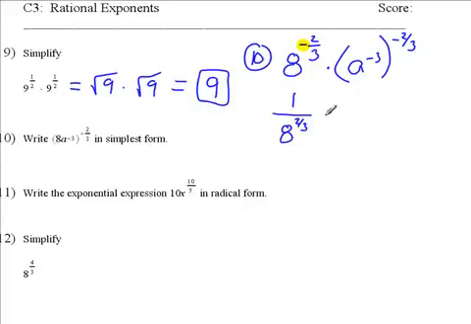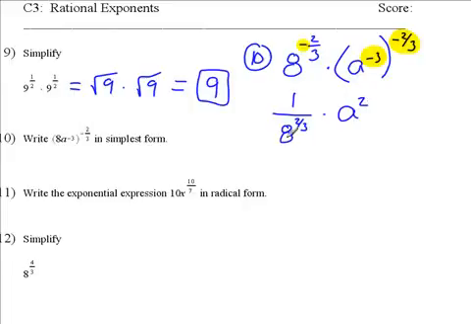I have to evaluate that. When I raise a power to a power, this is the only time I get to multiply powers. The only time I get to multiply powers is when I raise a power to a power. So I can simplify that to a to the whatever negative 3 times negative 2/3 is, and that's going to be squared. Negative times negative is a positive. 3 times 2/3, the 3's reduce out, and it leaves me with the 2.